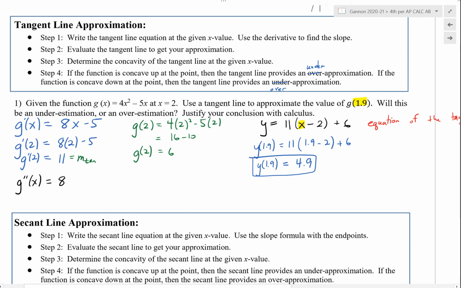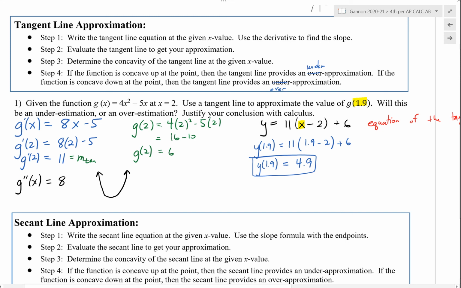Because g double prime, or the second derivative, is greater than 0, our function is concave up. In this case, it's always concave up, which should make sense because we're dealing with a positive quadratic function.